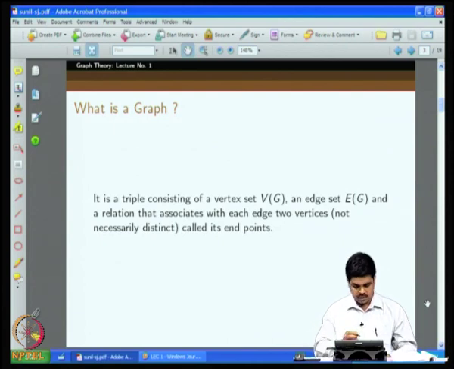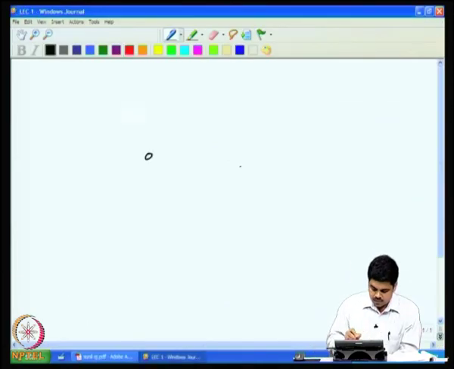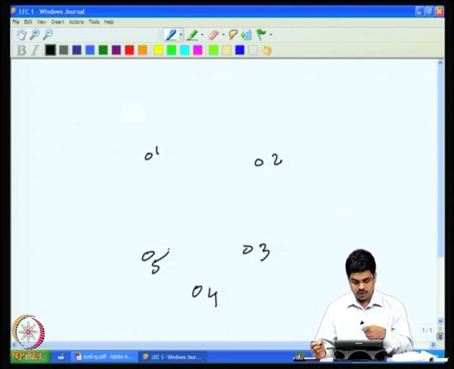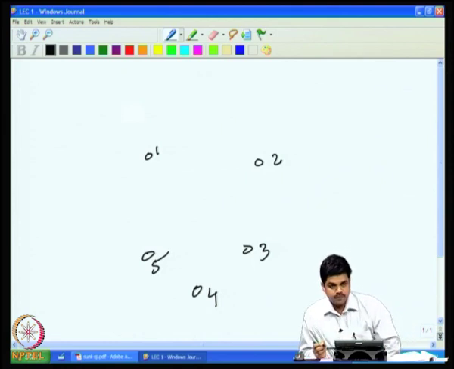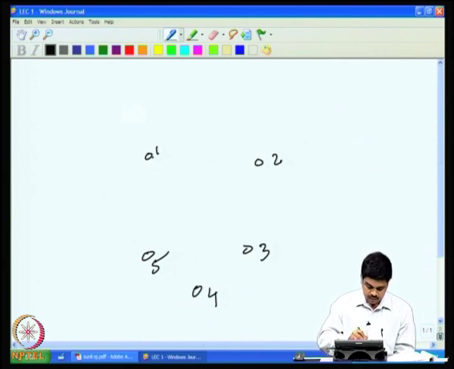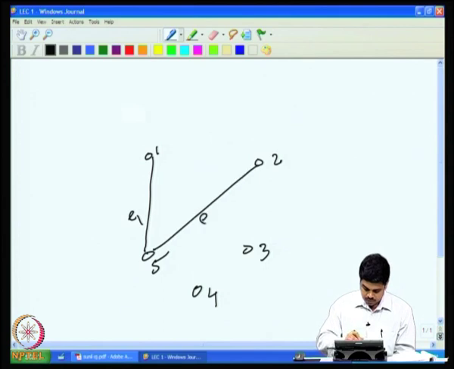It can be like this. Let us say I am drawing these vertex sets. This is 1, 2, 3, 4, 5. These are the set of vertices, and the edges can be say E1, E2, E3, E4, E5.